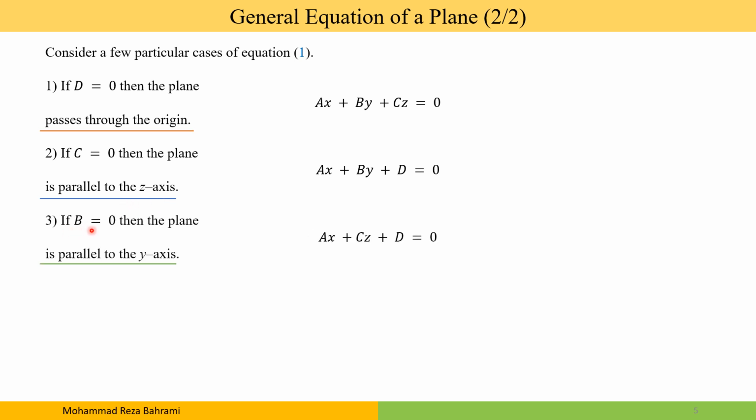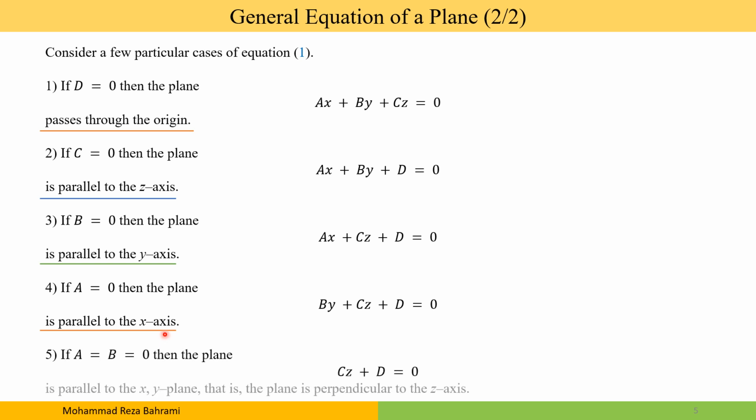If b is equal to 0, the plane is parallel to the y-axis. And if a is 0, the plane is parallel to the x-axis. If a and b equal 0, the plane is parallel to the xy plane, and the plane is perpendicular to the z-axis.